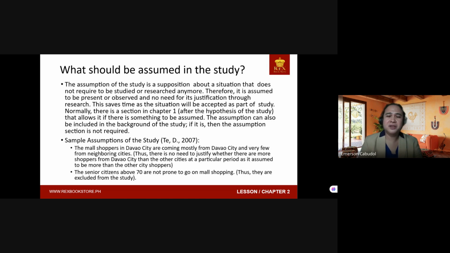For example, this study assumes that the majority of the customers at the downtown branch are local residents, and therefore marketing efforts will primarily target this demographic. Another example, it is assumed that employees have basic computer literacy as this was a requirement during the hiring process.